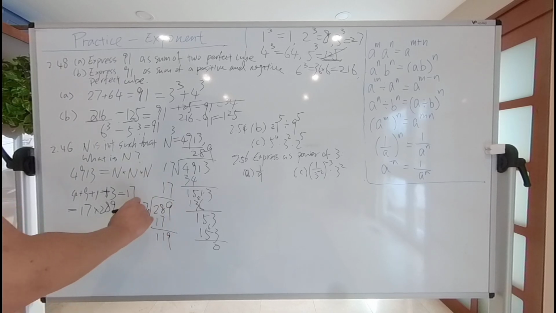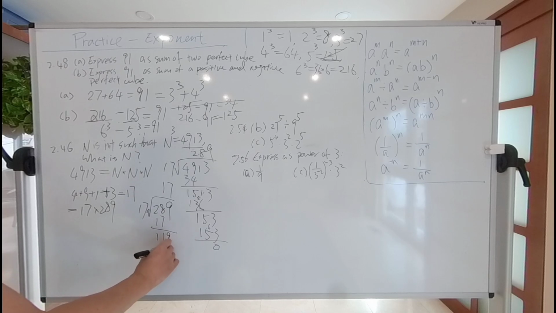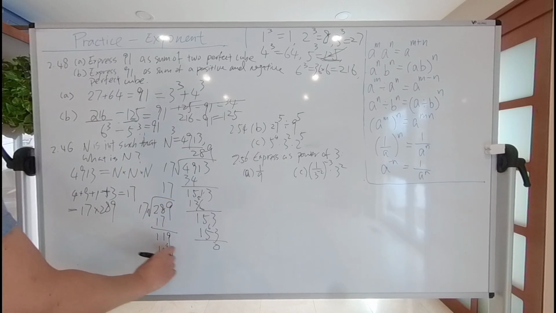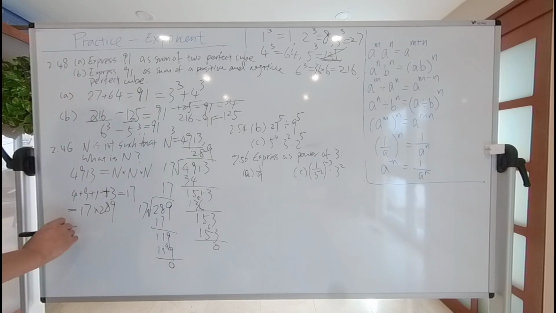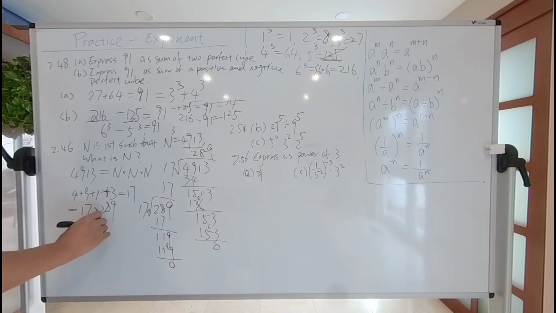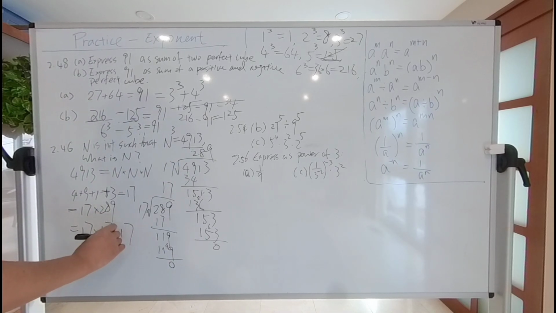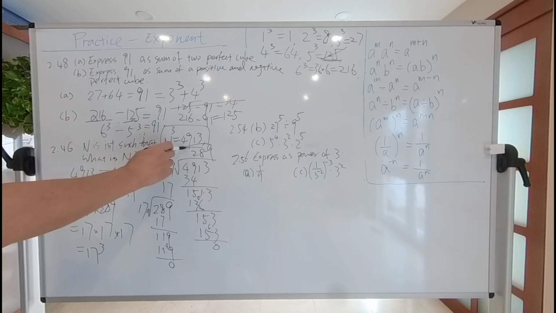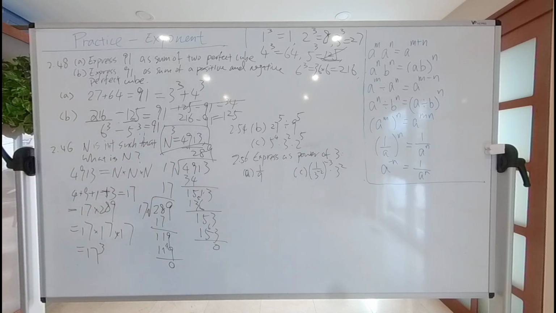I get 7 here. 7 is 49, and then 7 plus 4 is 11. So it is 17 times 17 times another 17, so it's 17 cubed. So this is how I find the perfect cube that leads to this number, 4913, by looking for the factors of this number.